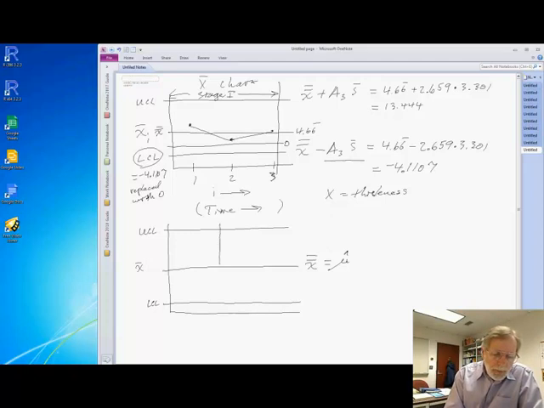If you put a normal distribution on its side, then you have a bell curve, where areas under this curve correspond to probability. So there's a little chunk of area up here above the upper control limit, and there's a little chunk of area down here below the lower control limit.